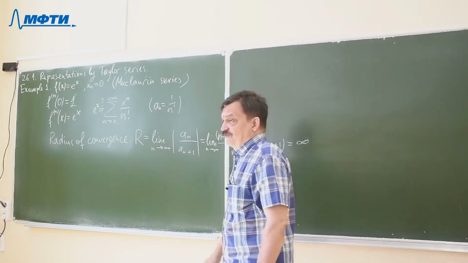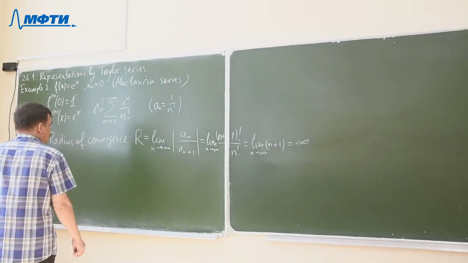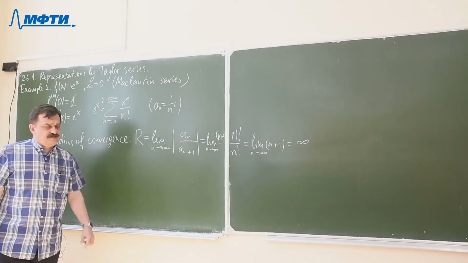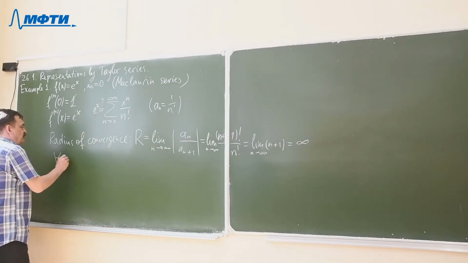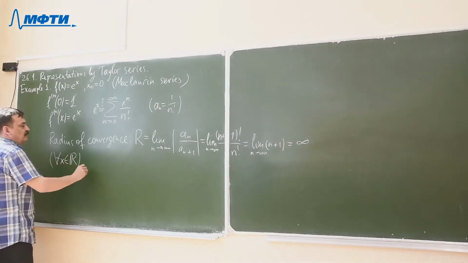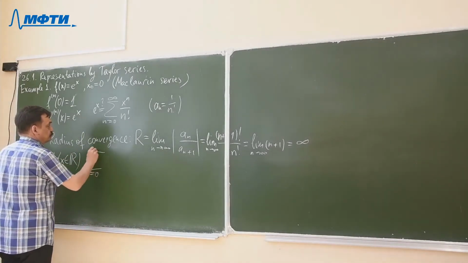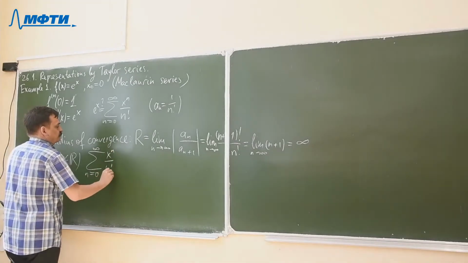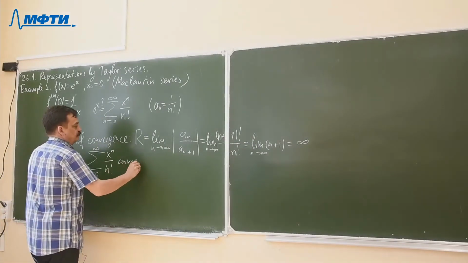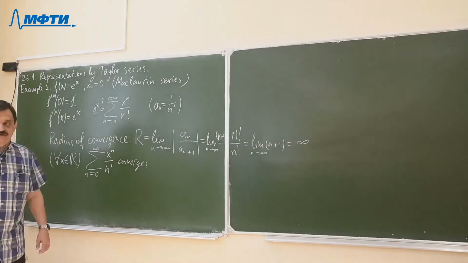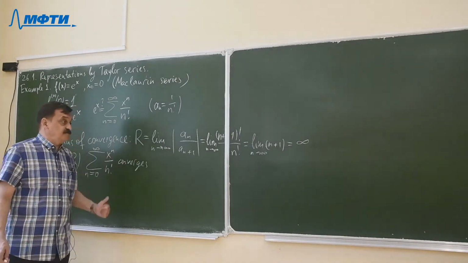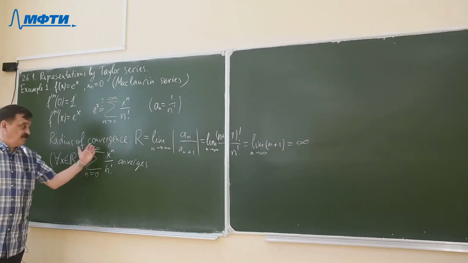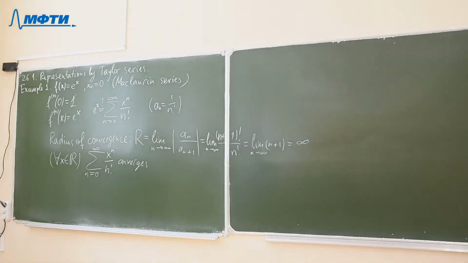So the radius of convergence is infinity, hence our series converges for every x. So for arbitrary x in R, the series converges. That is because of the general theory of power series: if a power series has radius of convergence infinity, then it converges for arbitrary x.